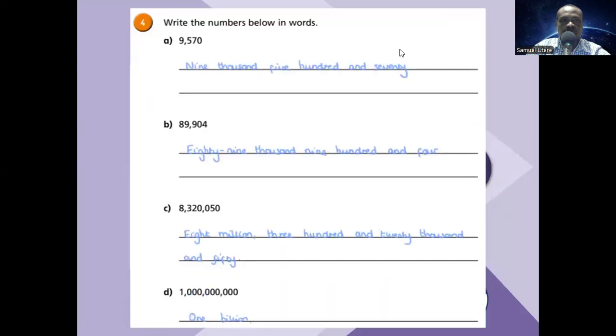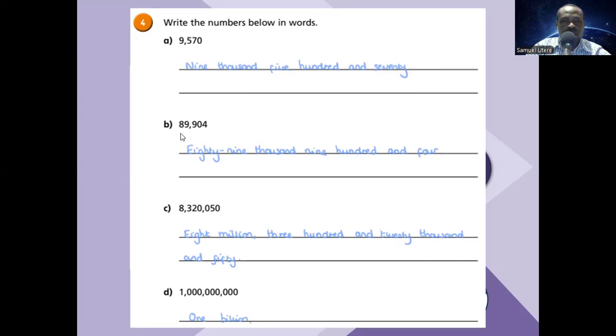Question 4, you were asked to write these numbers below in words. By now, you should know how to read numbers. So you know you have the 9 and you have 3 digits coming after that. So you know you're going to read that as 9,000. And then with the following numbers, 570.